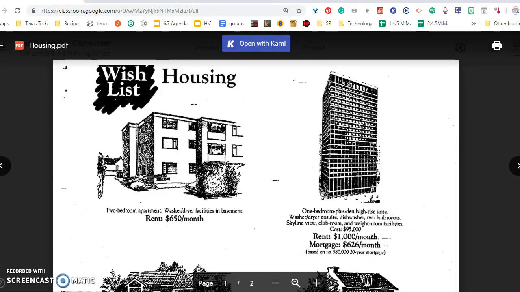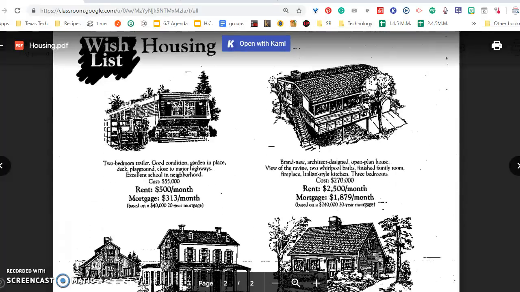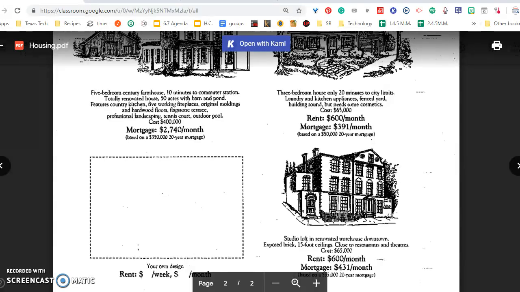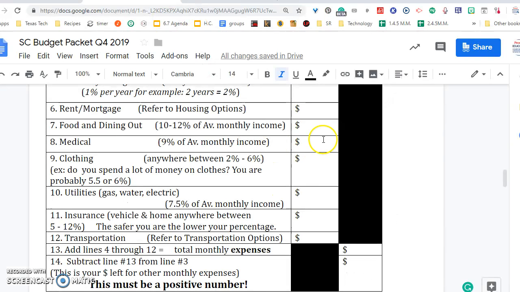So for these housing, there's 2 pages. You're going to scroll down. You're going to find a house or an apartment that you like that's within your budget, and you're going to purchase it. So, I like this one. I'm going to rent it. So I'm going to go back to my budget, and all I'm going to do is I'm going to type in 600, and I just bought a house.